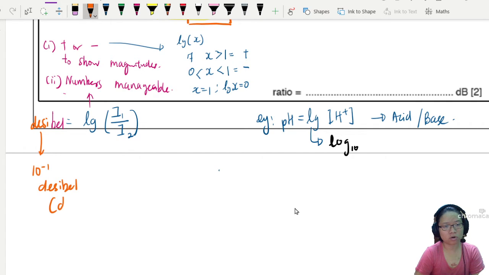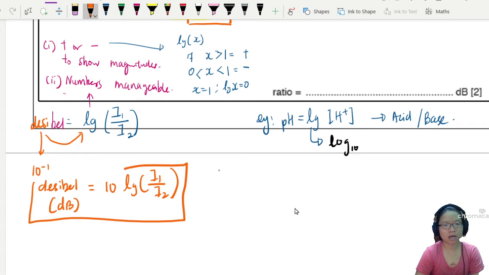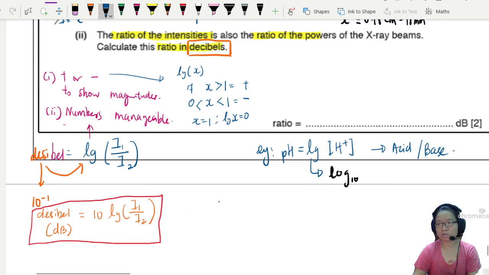Decibel, or short form dB, is equal to 10, because you bring the deci over. So 10 log I1 over I2. So this is how you find the decibel. 10 log I1 over I2.